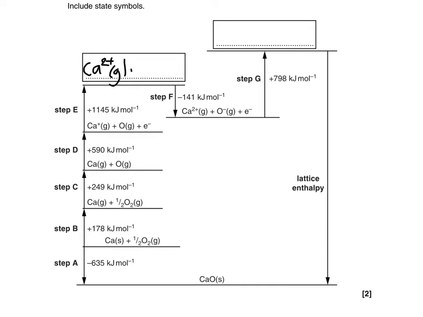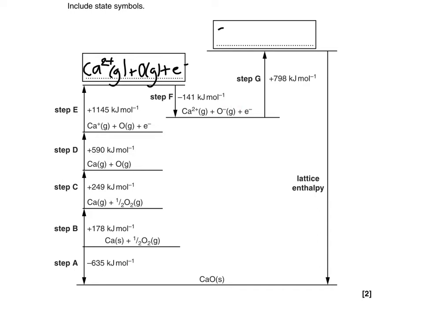Don't forget your state symbols. To form calcium 2 plus. Step F is then the first electron affinity of oxygen. So oxygen is going from an atom to a -1 ion.